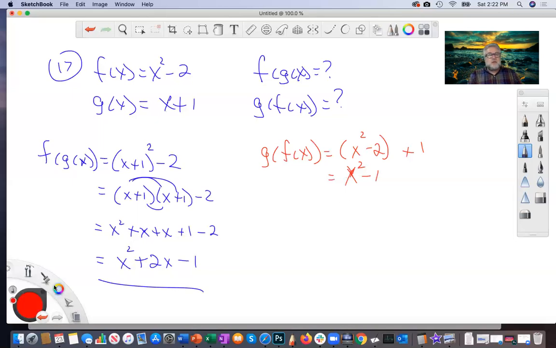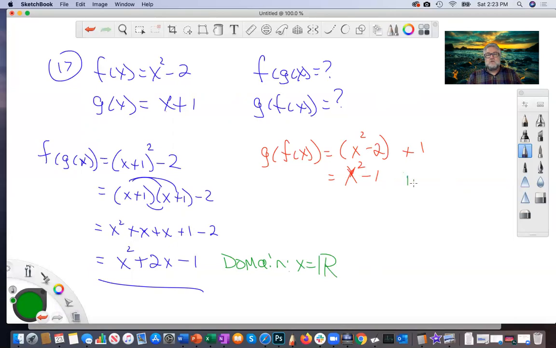And what's the domain? What's the domain of this? Can I divide by 0? Nope. Can I take a square root of a negative number? Nope. So the domain is x equals all the real numbers.